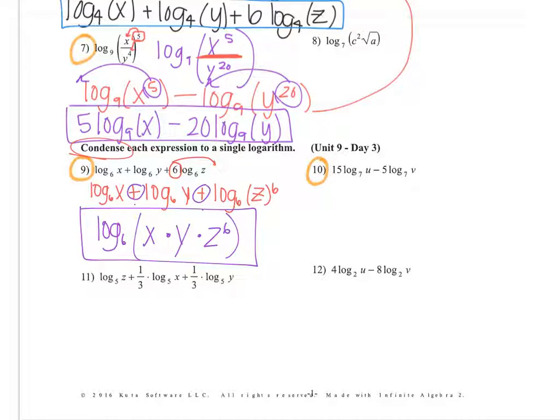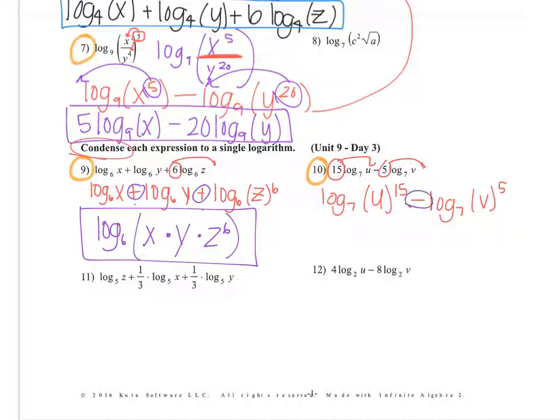Take a look at number 10. Think about what your first step would be if you have a big 15 and a big 5. Got to move them out of the way first. So we have log base 7 of u to the 15th minus log base 7 of v to the 5th.